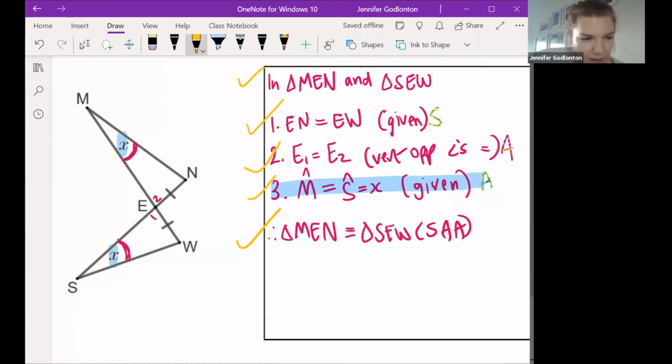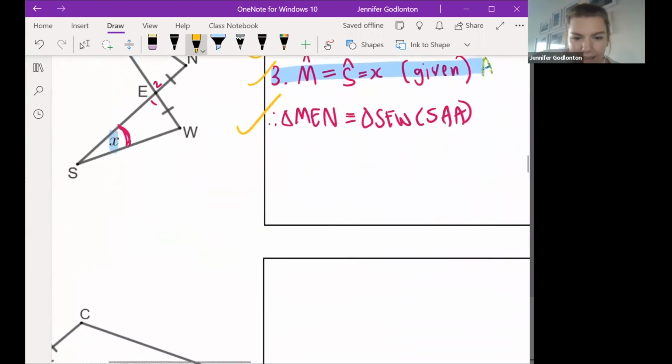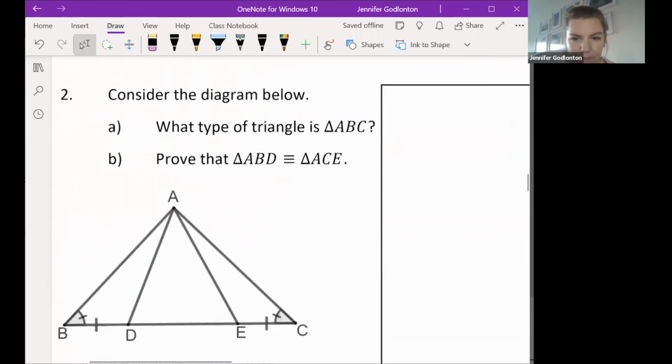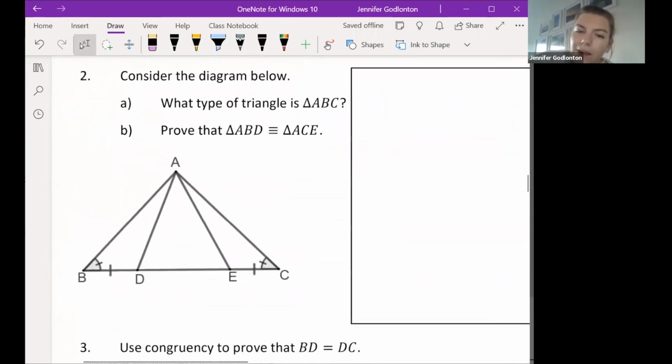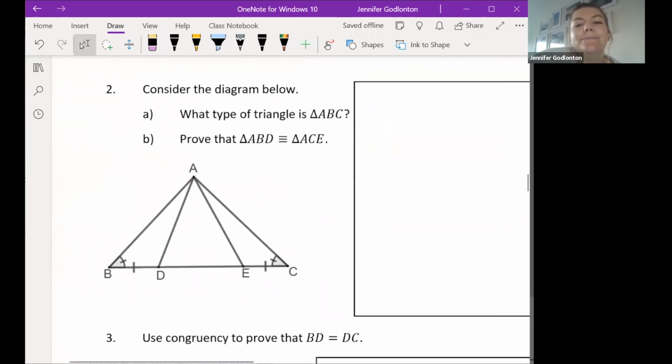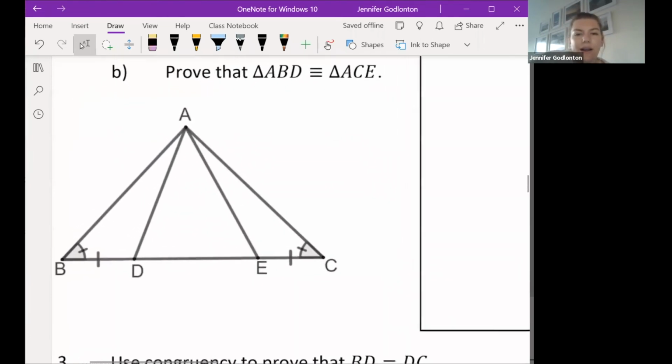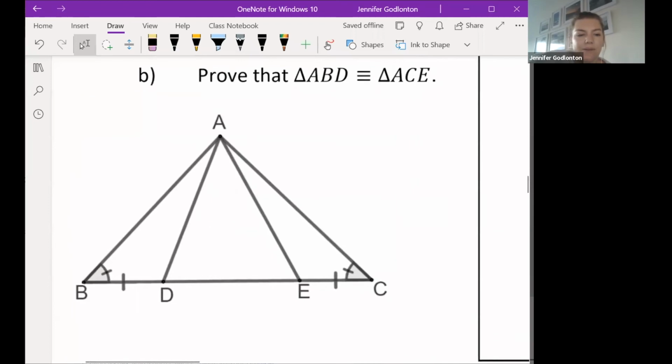Let's try another one. Let's try find one that's nice and spicy. That one's not spicy enough. This is quite spicy. I don't hate this question. I'm only going to worry about what B is asking.